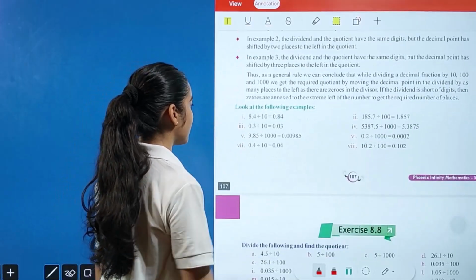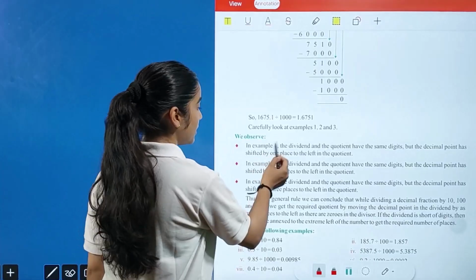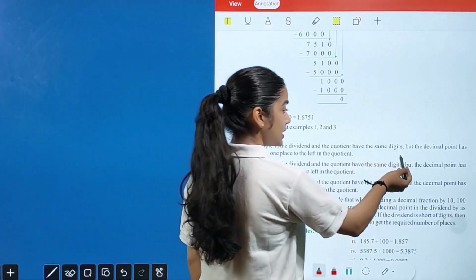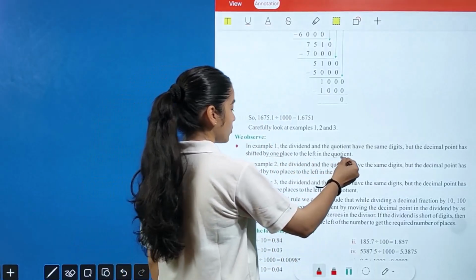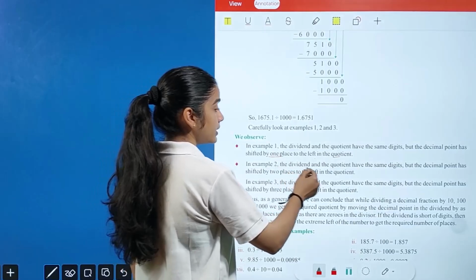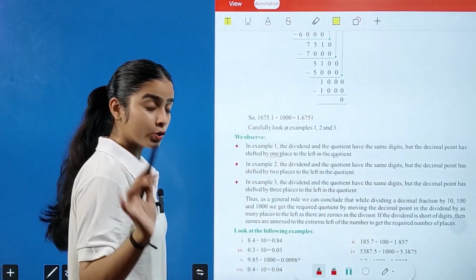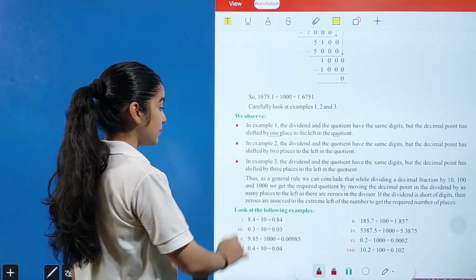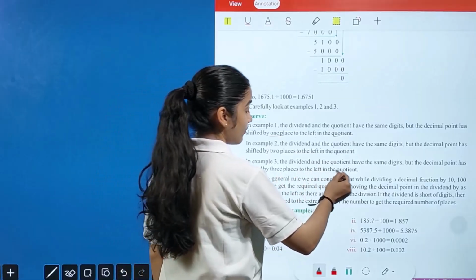Now we have some examples. What we observe here in example number 1 is that the dividend and the quotient have the same digits, but the decimal point has shifted by one place to the left in the quotient. In example number 2, the decimal point has shifted by 2 places. And in example number 3, the decimal point has shifted by 3 places to the left in the quotient.